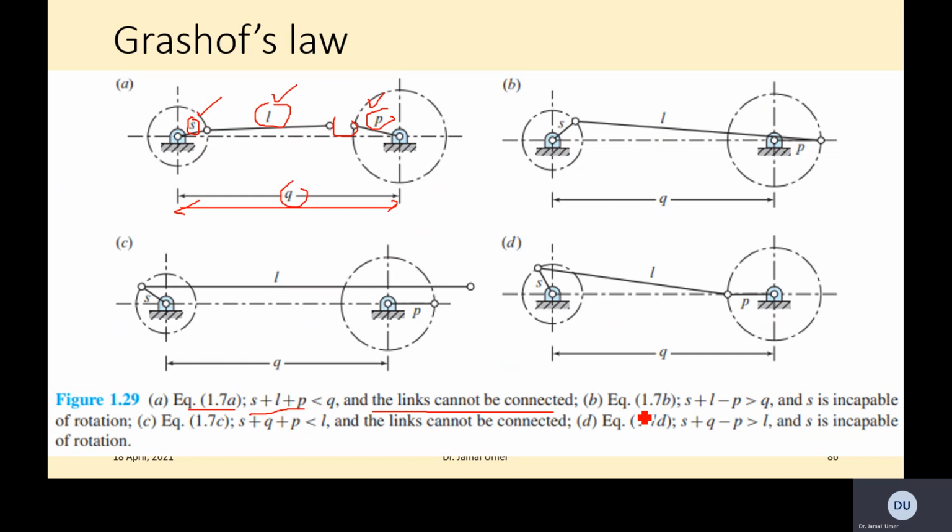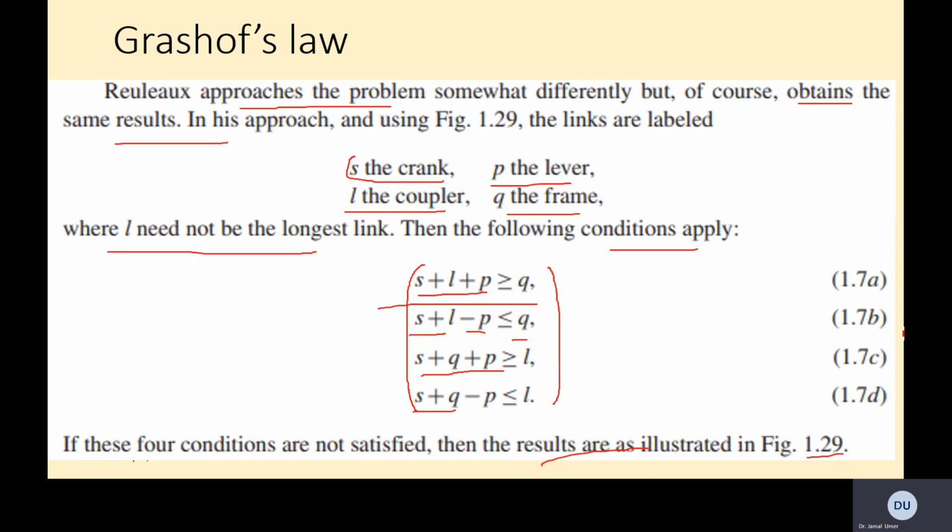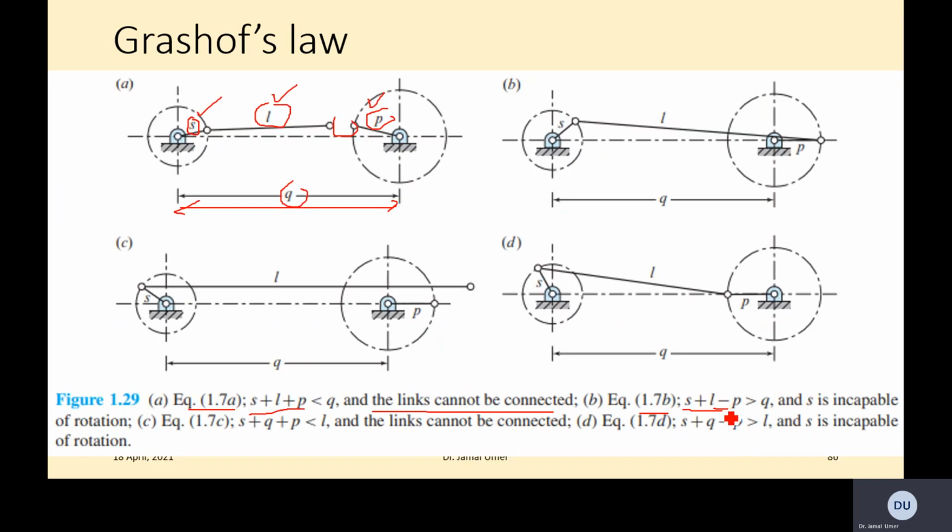In the second example, which is 1.7b, S plus L minus P is greater than Q. The condition was S plus L minus P less than Q, but if S plus L minus P is greater than Q, it also will not work.